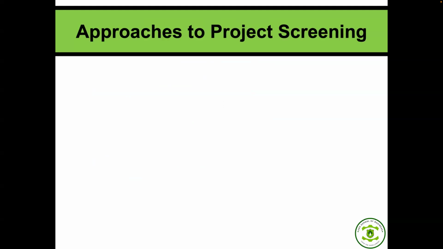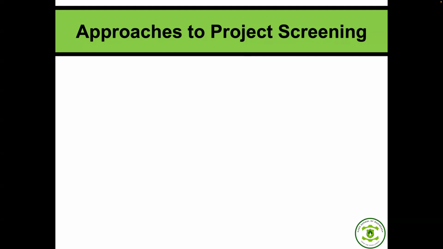Now, how can we screen different kinds of projects? For us to be able to successfully screen a project, we need to balance three critical elements: the timeliness of the project screening model, the usefulness, and the cost effectiveness.